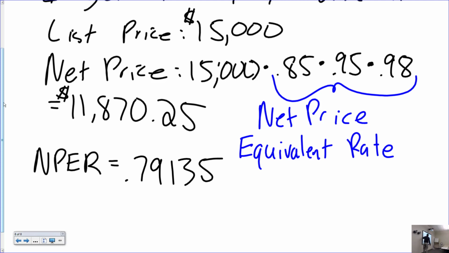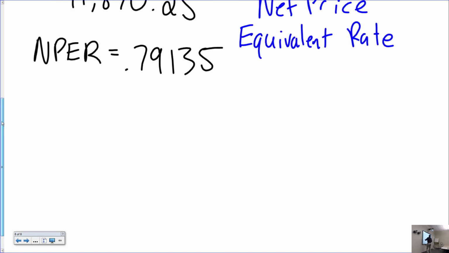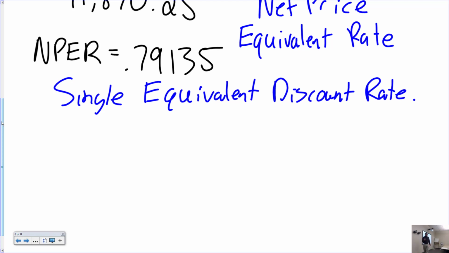Now, the cool thing about this is that there is another rate that is associated with this. And I apologize for the names, but again, this is what they were called initially by the business community when they were made or dreamed up to some degree. And so, the other thing that we will talk about is the single equivalent discount rate.